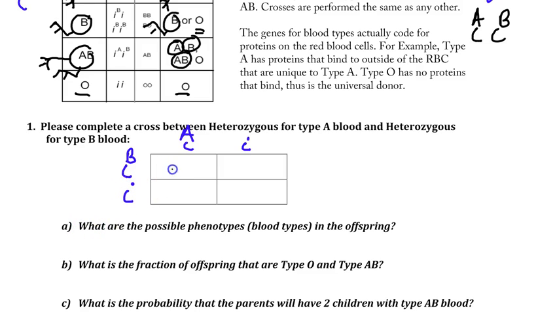And what you'd make is you'd make the heterozygous B, heterozygous A, and then you would get the broken gene, the blood type O here, where you're making no proteins.